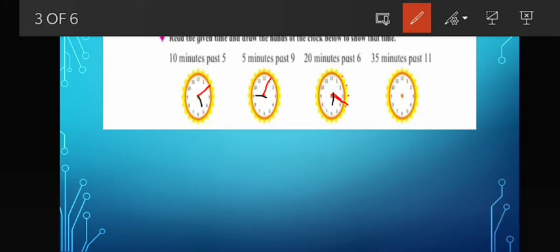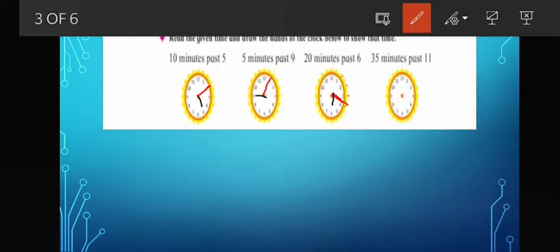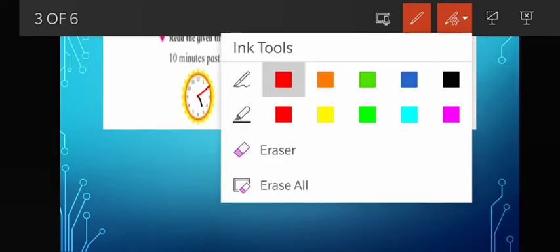This is the hours hand. So it is 20 past 6. Now 35 minutes past 11. So 35 means 5 sevens are 35. So it is at 7.